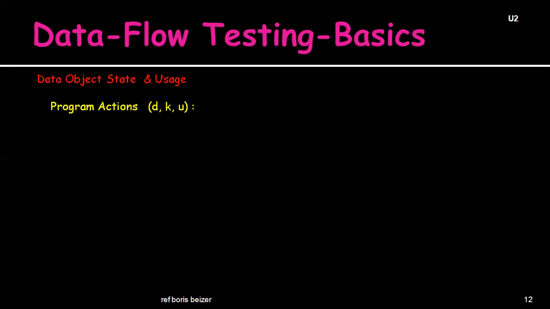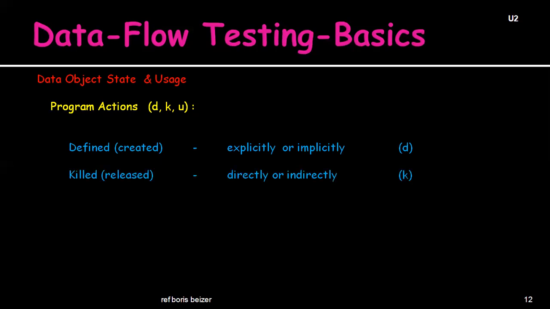One of the symbols is D, which means defined, created and initialized. The second symbol we use for denotation is K. K means killed, undefined and released, whether we kill directly or indirectly.